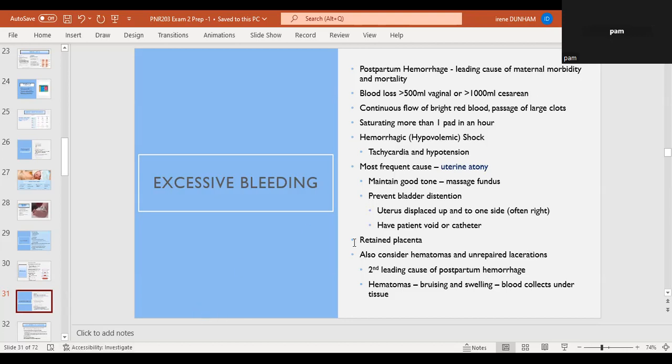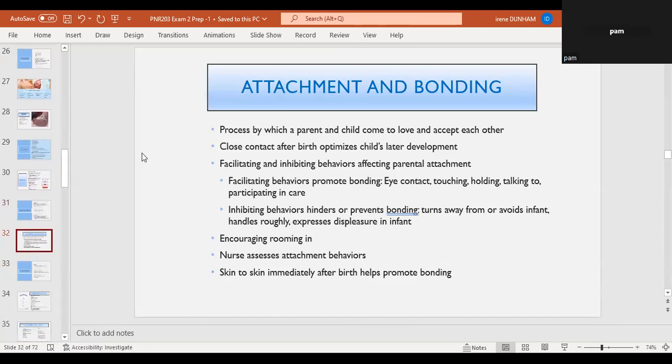So the doctor needs to be called. And then the second leading cause of postpartum hemorrhage would be those hematomas and unrepaired lacerations. Now, hematomas, bruising and swelling, right? That's blood that collects in the tissues. Like I said, that is painful, and that all can cause them to have excessive bleeding. I don't want to lose my mom about that.